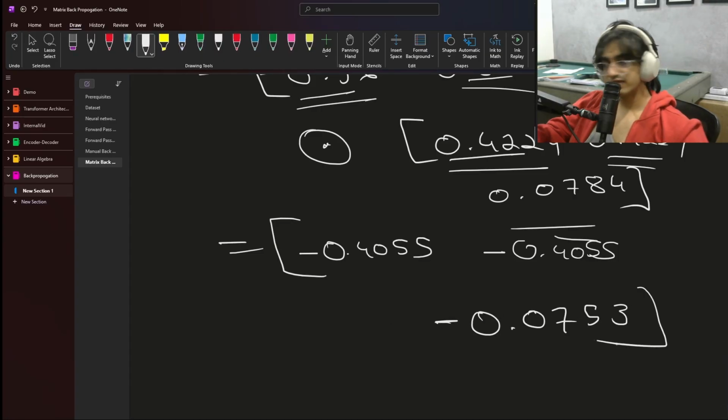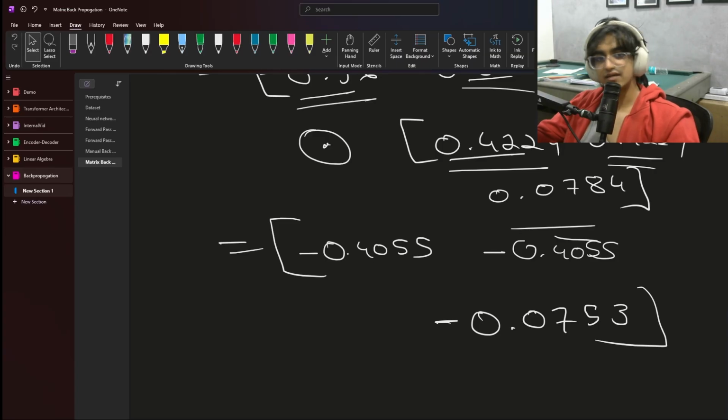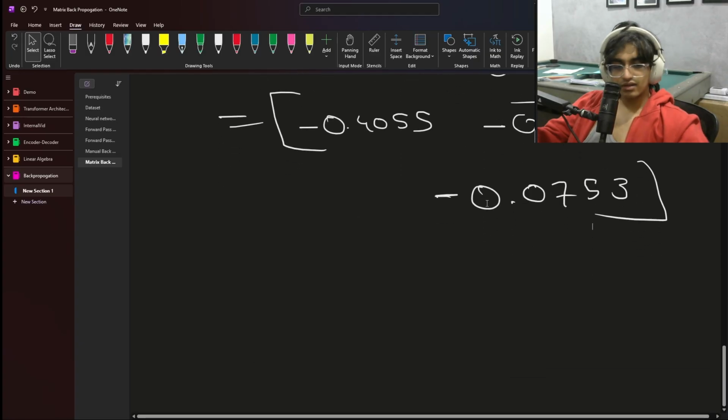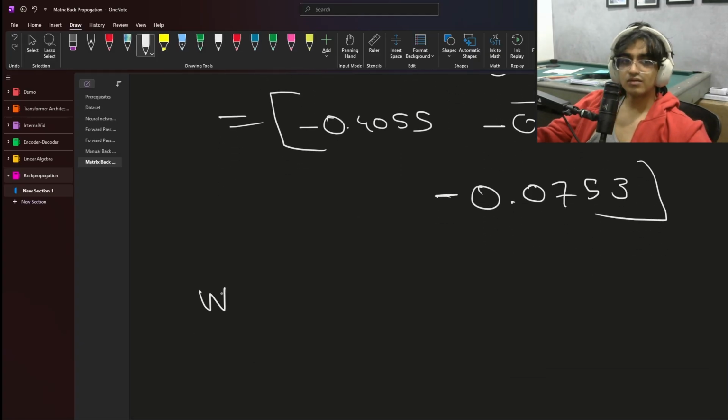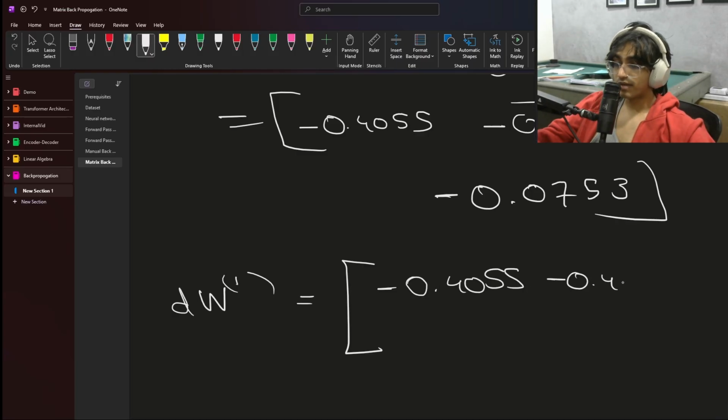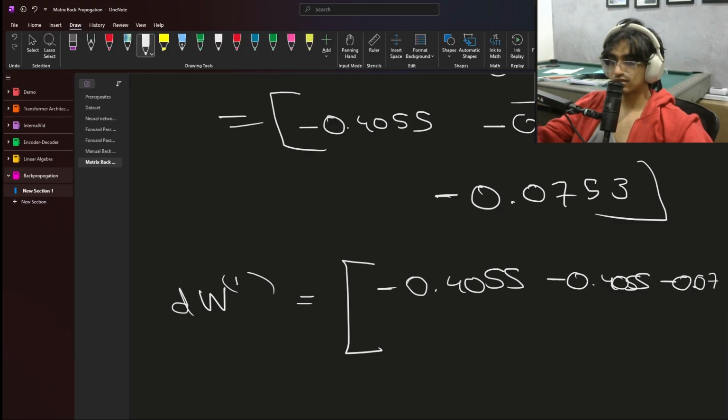Similarly, we repeat the calculations and we get the dW1 matrix and the db matrix. I'm just going to write down what dW1 is, and I'm going to show you how it's updated. Again, we use the chain rule to get the answers.